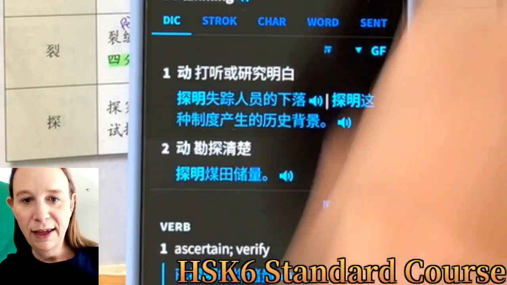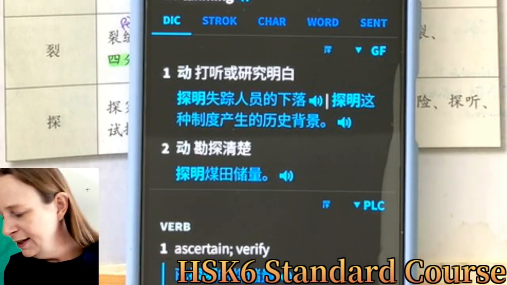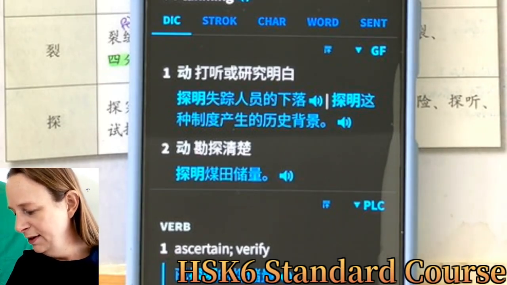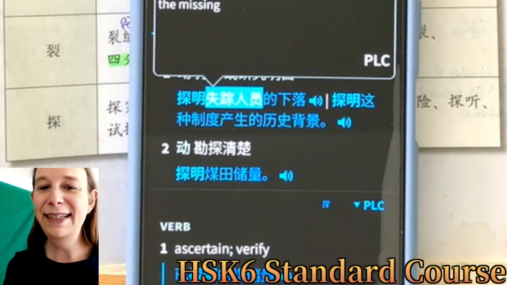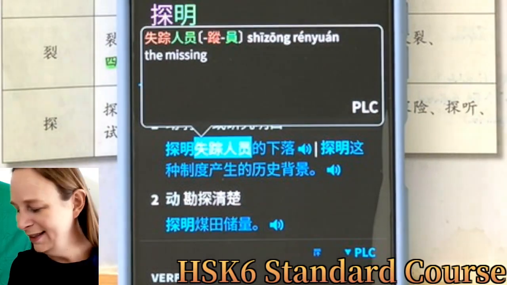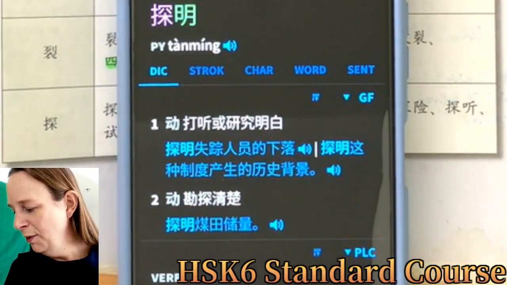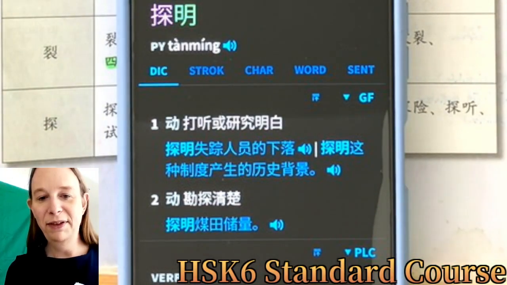探明失踪人员的下落, the whereabouts of 失踪人员. Oh, sorry, it's the missing, 失踪, lose trace. So we're investigating the whereabouts of the missing person.